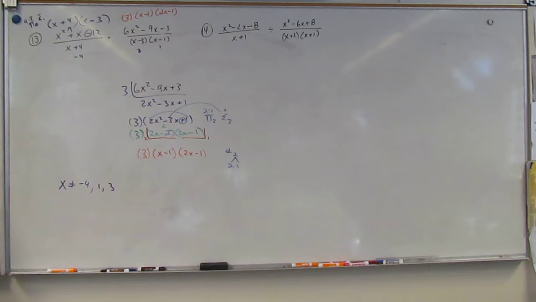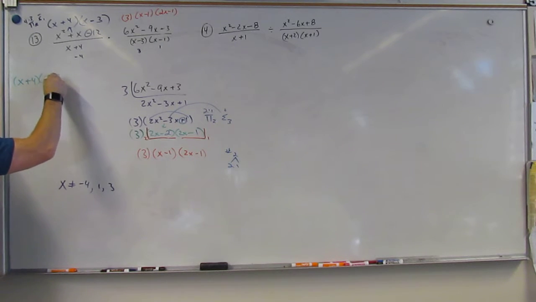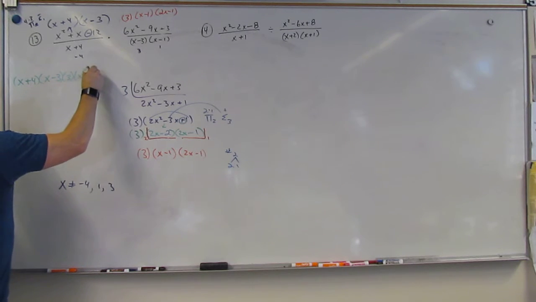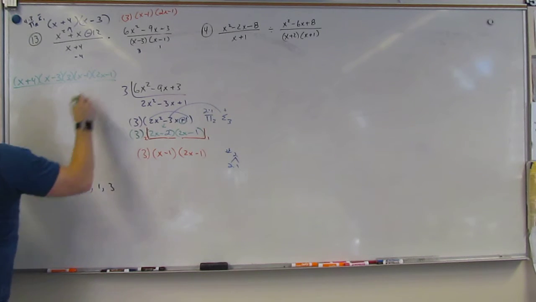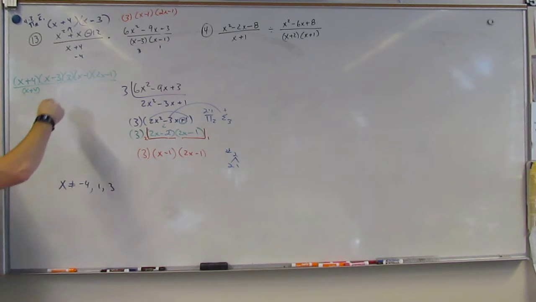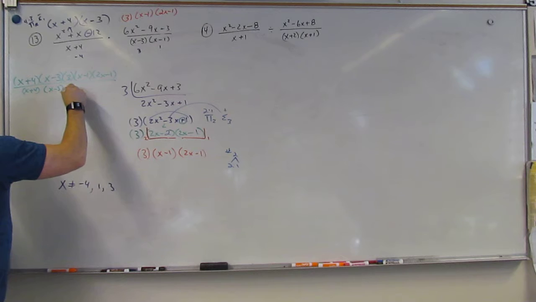Okay? Now I'm going to rewrite all of that right here. So I'll have x plus 4 times x minus 3 times 3 times x minus 1 times 2x minus 1 all over x plus 4 times x minus 3 times x minus 1.